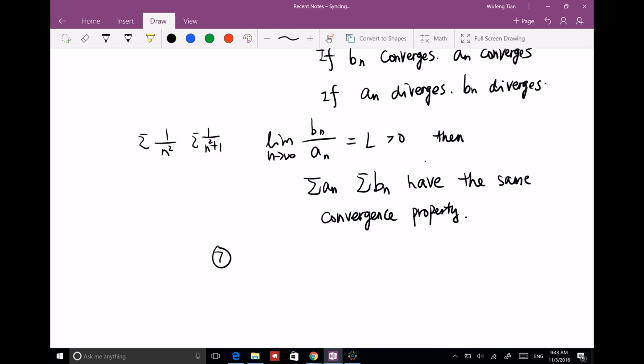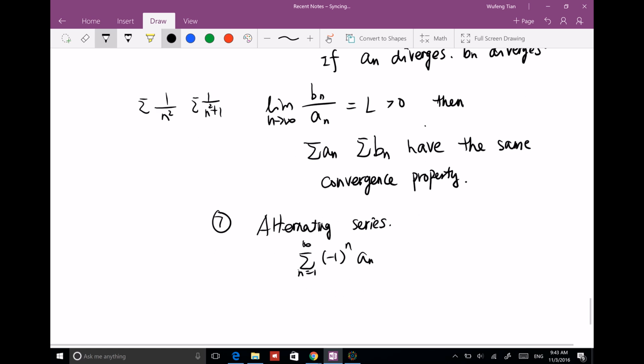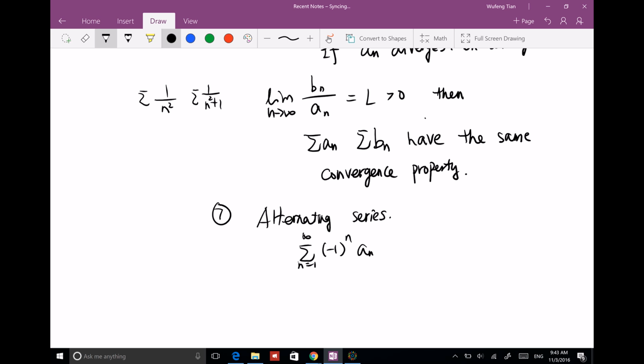All right. So after the comparison test, what do we got, Jasper? Then we have alternating series. Perfect. So alternating series is, for example, the sum from n equals 1 to infinity of negative 1 to the power n times a_n. So we have two conditions. Can you tell me what the two conditions are?